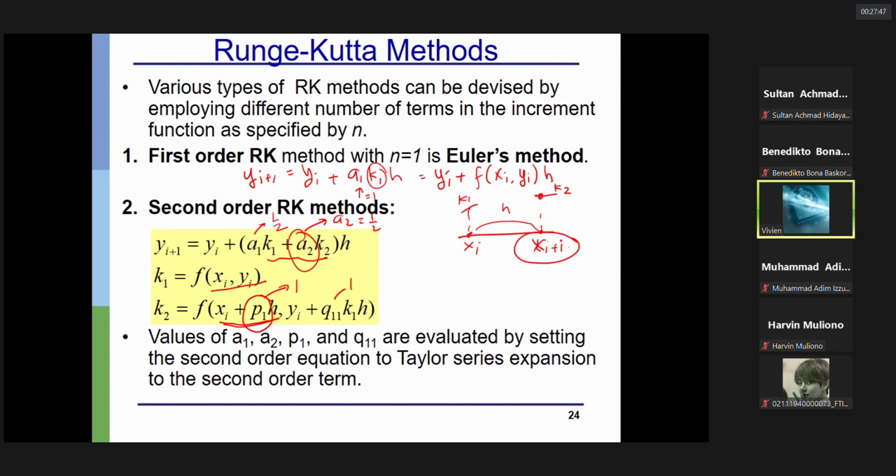Then we have to insert the value of xi plus 1 and the corresponding value of y into the function dy/dx as a function of x and y. Once we have the value of xi plus 1 and yi plus 1, we can insert it here to find the slope at this point.